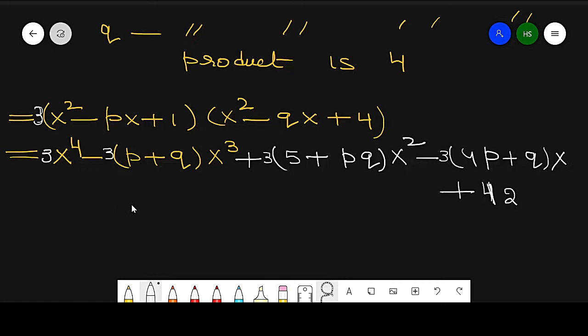Now compare all of these with the given equation.